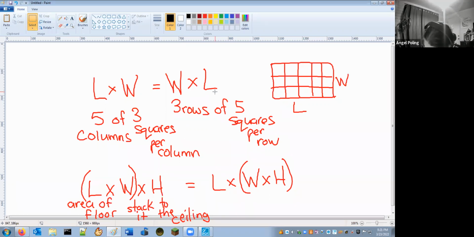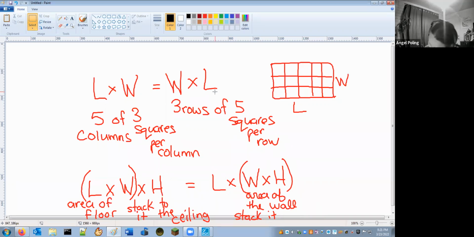So here in this one, we group the area of the wall and then we stack it times L across the room. Let me erase that a little.